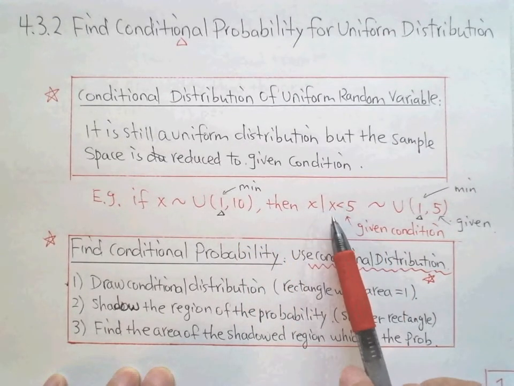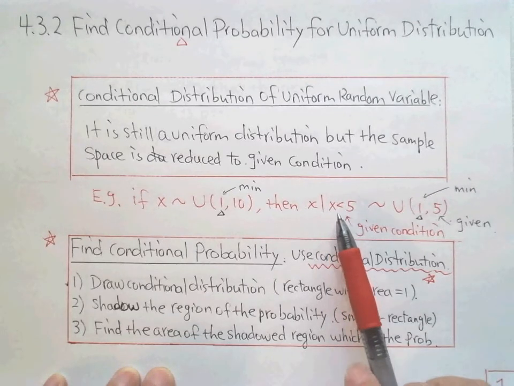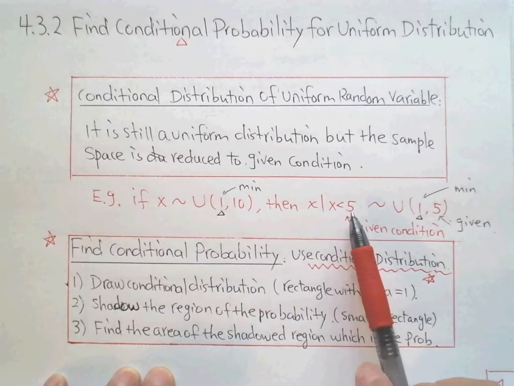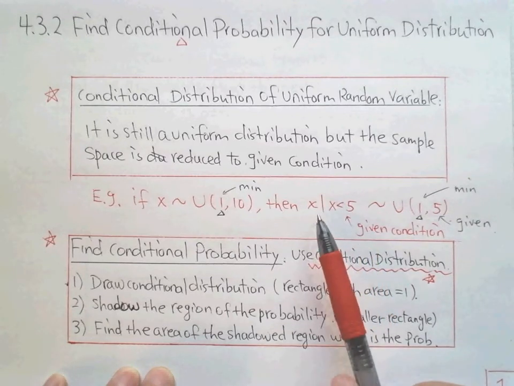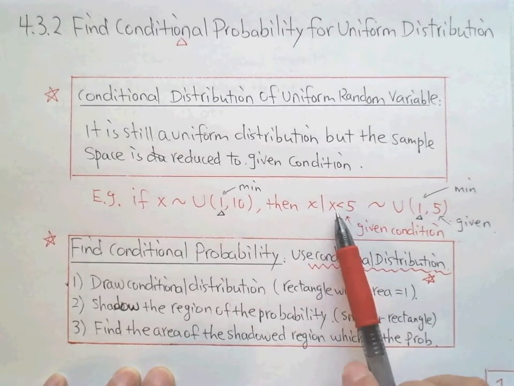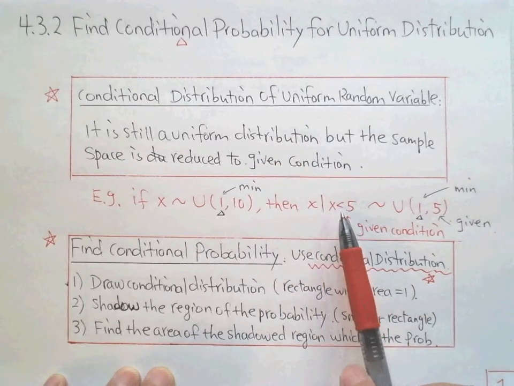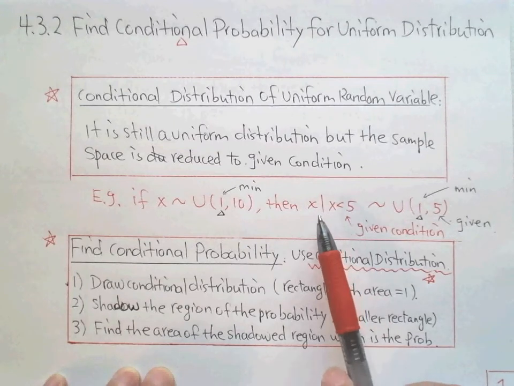We put a bar here. You have a given condition: given your waiting time is already less than 5 minutes, what is your waiting time's distribution? You can imagine. These results tell us that, given your waiting time is less than 5 minutes, it still follows a uniform distribution.